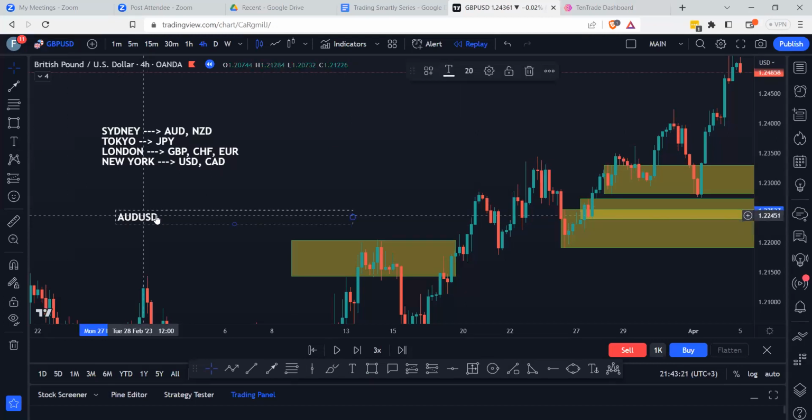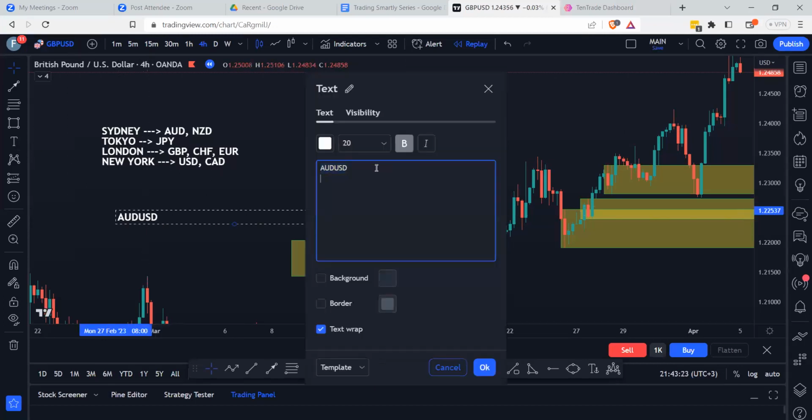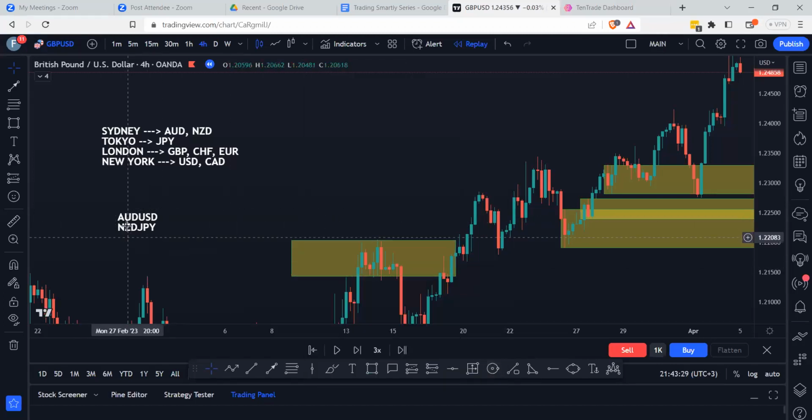If I'm trading NZD JPY, for example, NZD is what? Sydney session. JPY is Tokyo session. That means the best times to trade NZD JPY are the Sydney session and the Tokyo session.